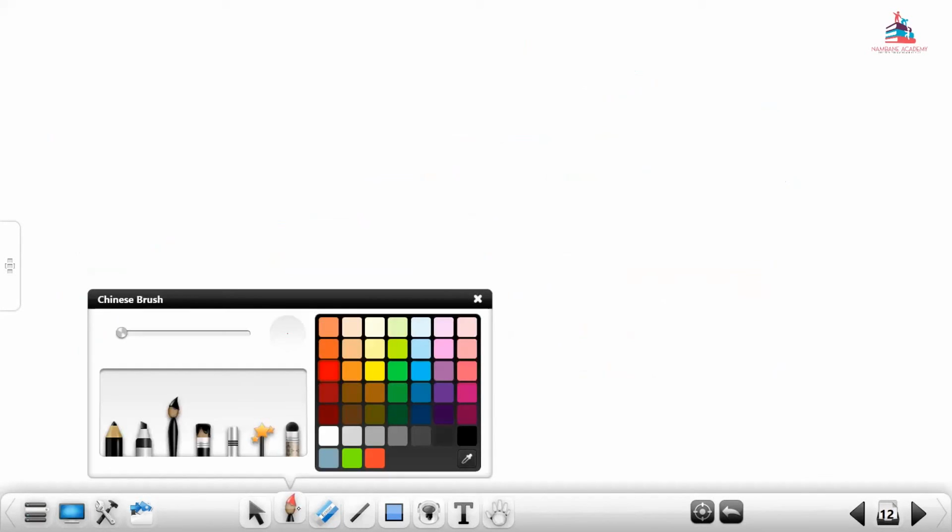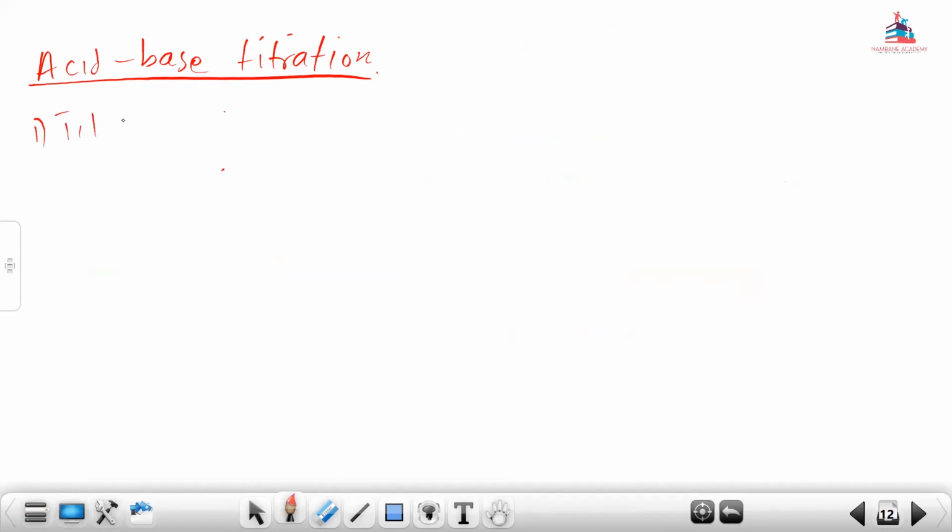So let's talk about acid base titration. So one will ask, what is this titration? So I'm going to give you a definition of what is titration.